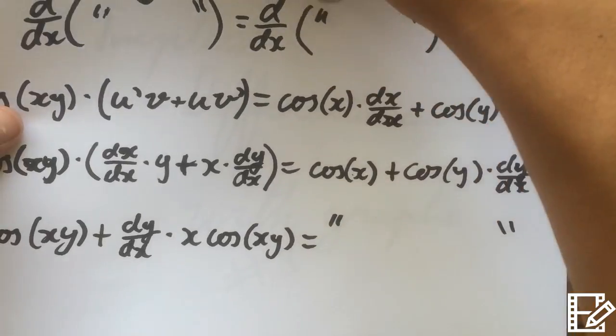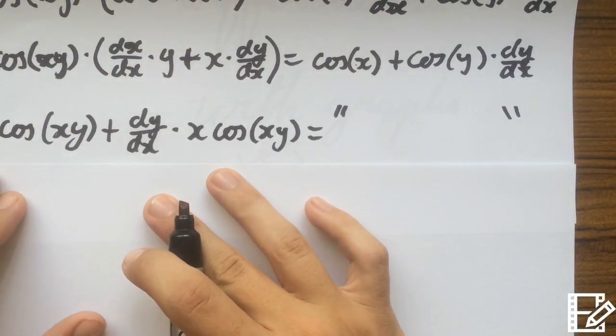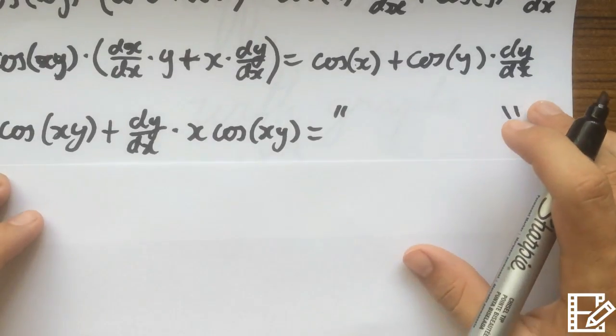Okay. Next step, to rearrange to have all the dy dx on one side and all the others on the other.